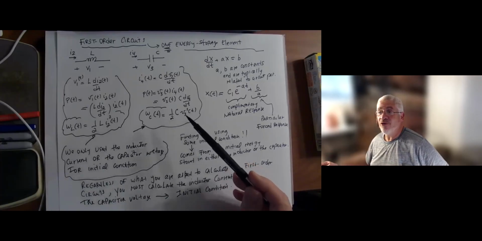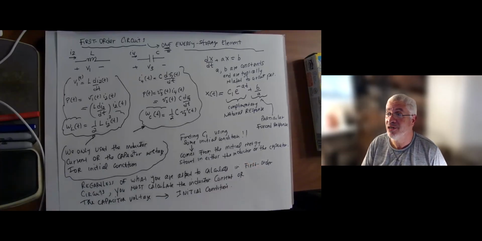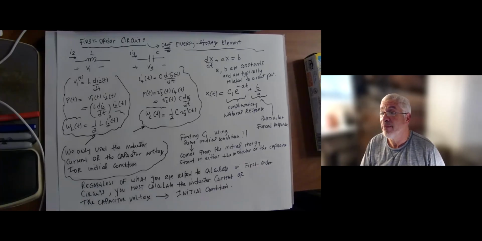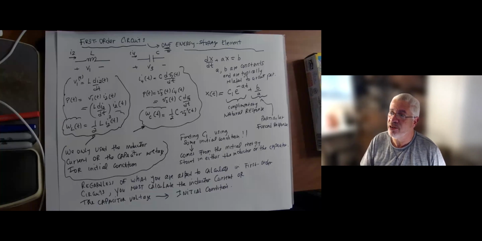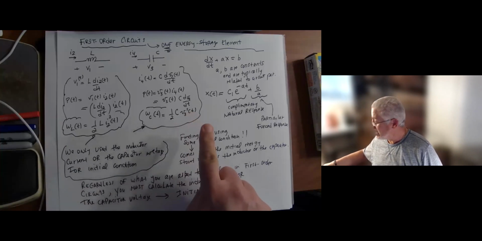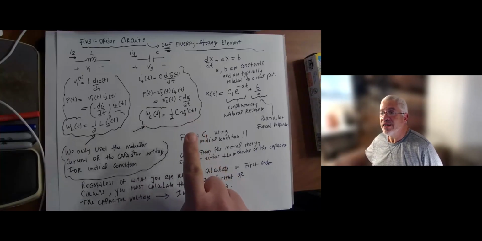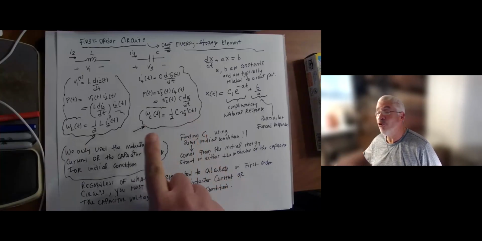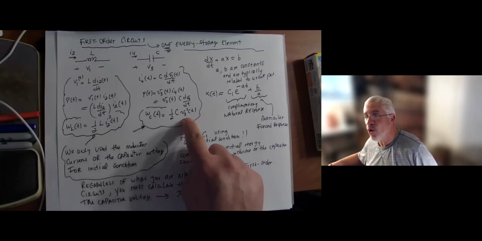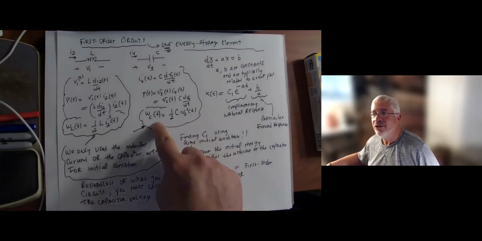For example, if you have a capacitor connected to a DC source for a long time, the capacitor gives you zero current. But the minute a switch in the circuit changes, the capacitor starts giving you a current. So the current tends to jump on the capacitor, but the voltage never does, because the voltage squared is the energy on the capacitor.